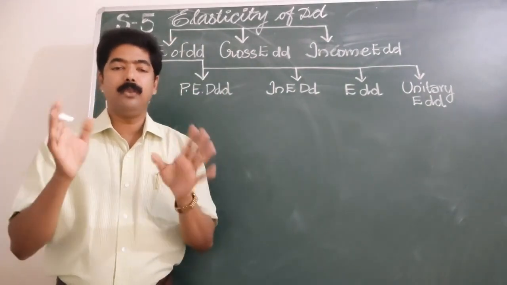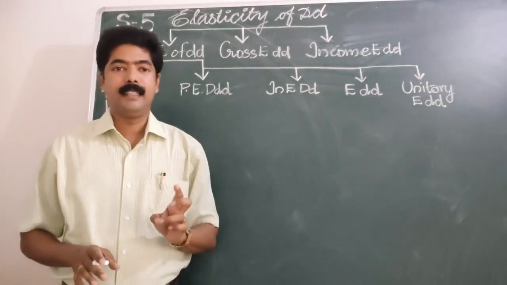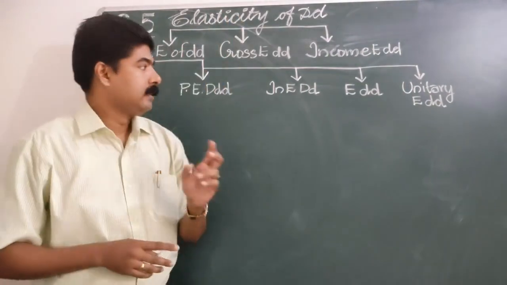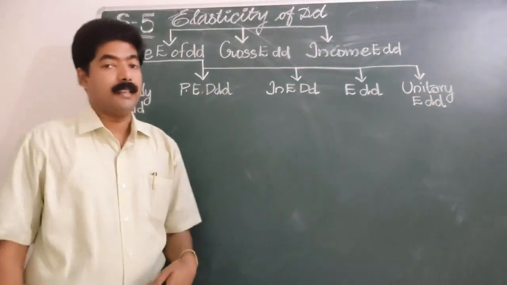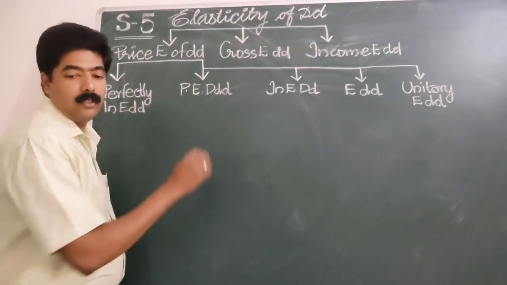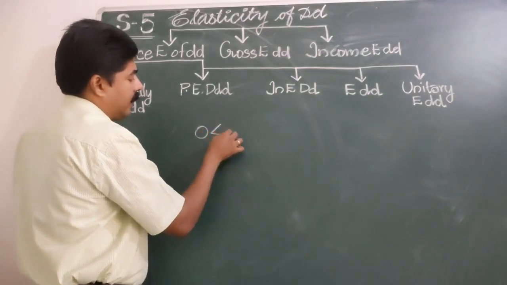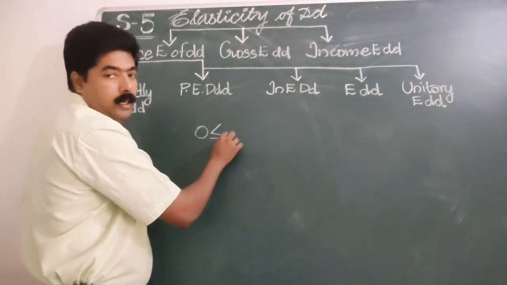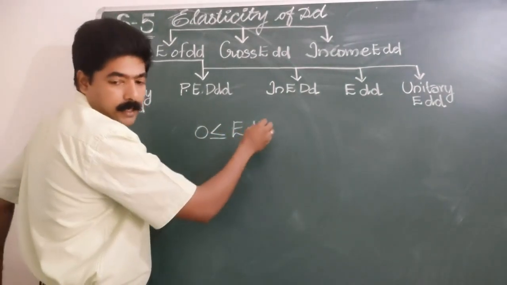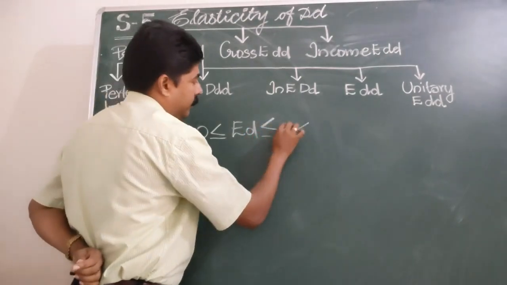The values can lie in the range between 0 to infinite. We can write 0 is less than or equal to elasticity of demand, which is less than or equal to infinite.